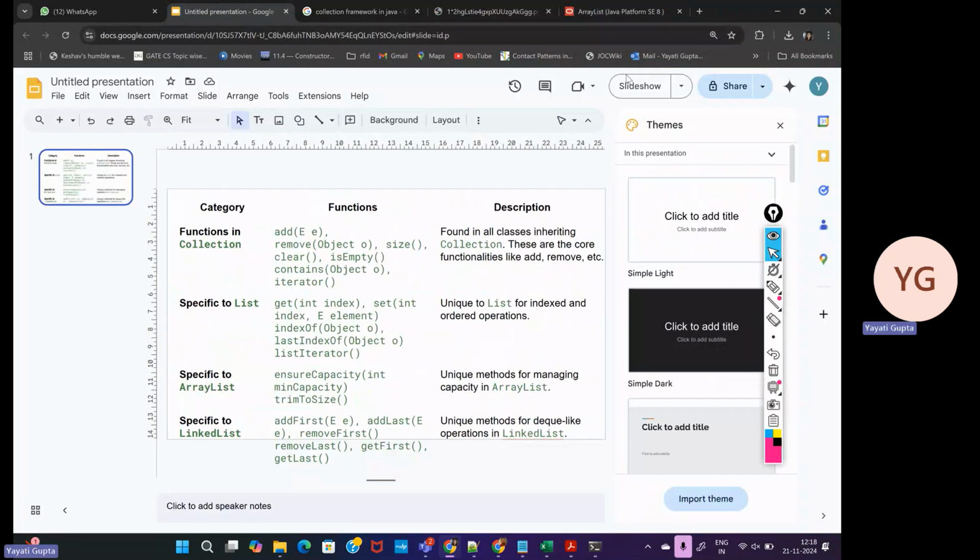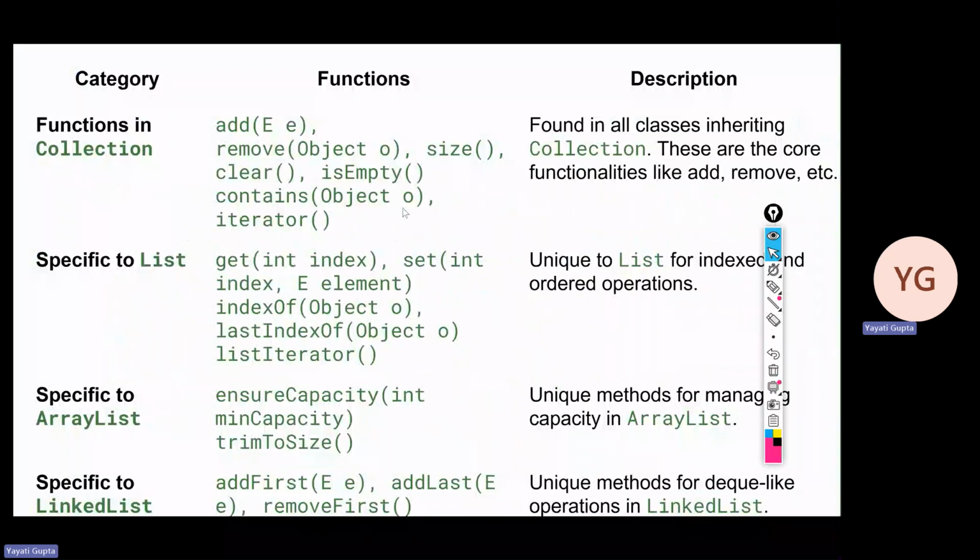These are not all the functions, but a few of them. If you look at the collection interface, it has functions like add an object, remove an object, what is the size of the collection, and remove all elements in the collection, that is clear. All of the interfaces and classes implementing it will have the implementation for these methods. Then if you come down to your list interface, list is also an interface.